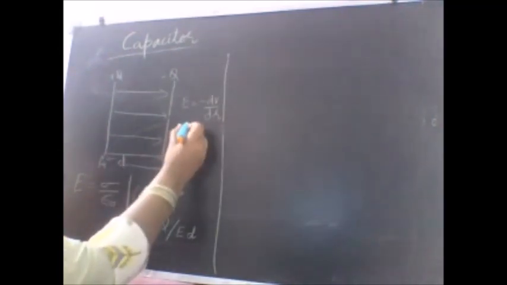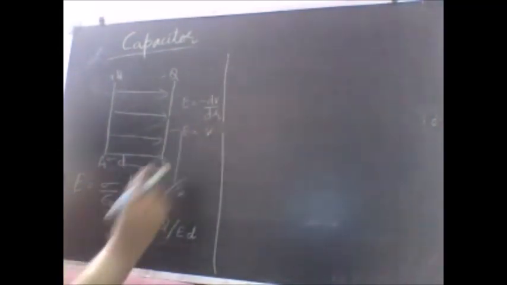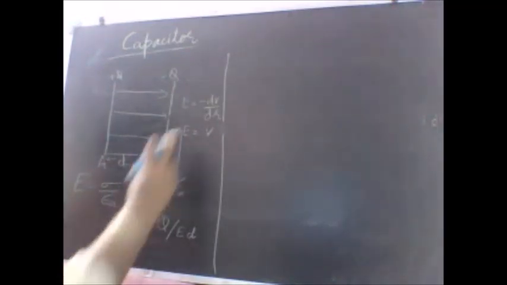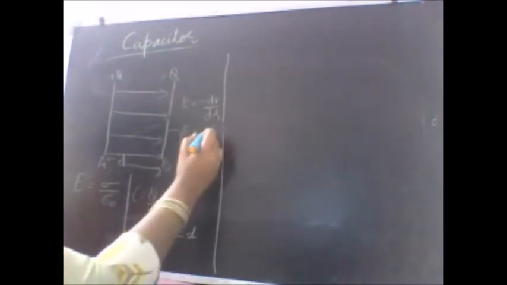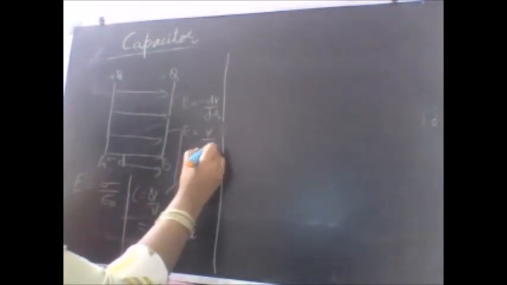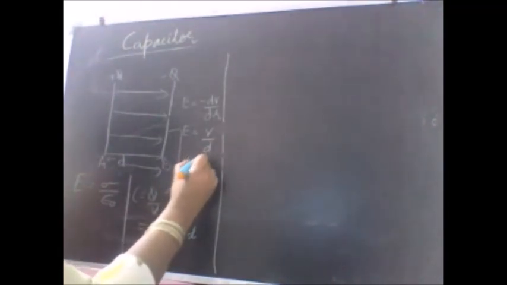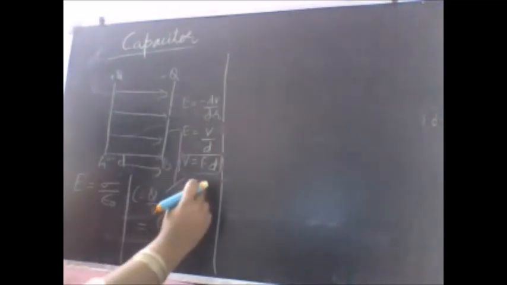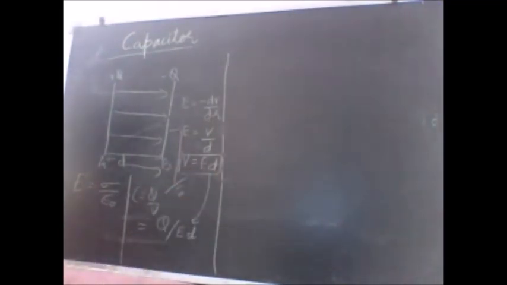So, just keeping the magnitude in mind, we are dropping the minus sign, so E is equal to V by D. From here we can write down that V is equal to ED.